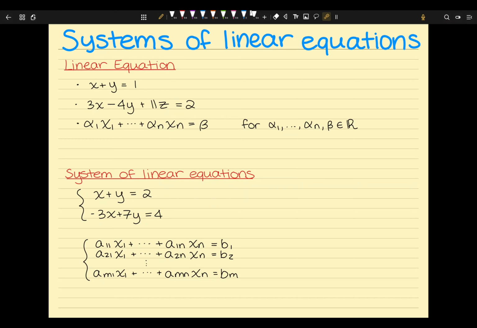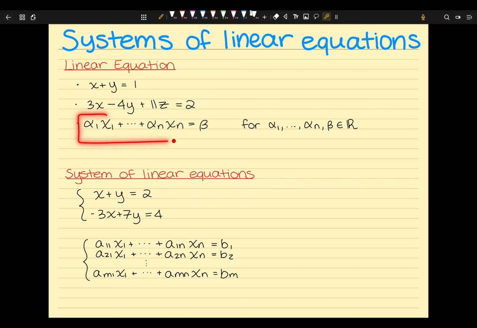All right, so now we're on to content from this week, from what we discussed on Monday. Let's recall briefly, what is a linear equation? A linear equation is a linear combination of variables. I have a few examples here. x plus y equals 1. This is a line. Down here, this is a plane.